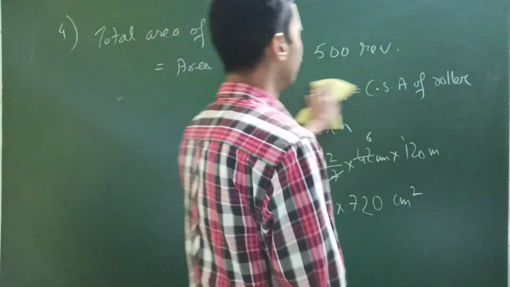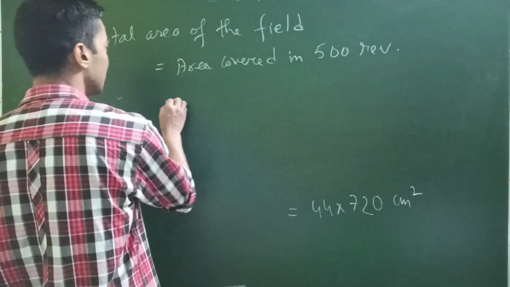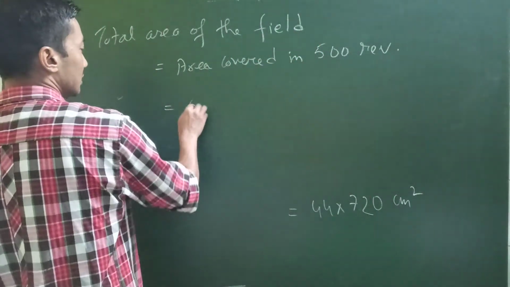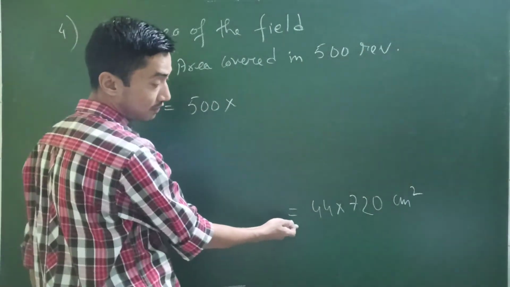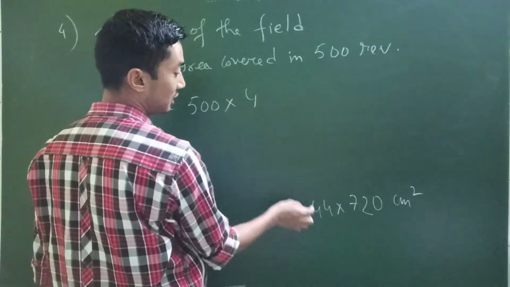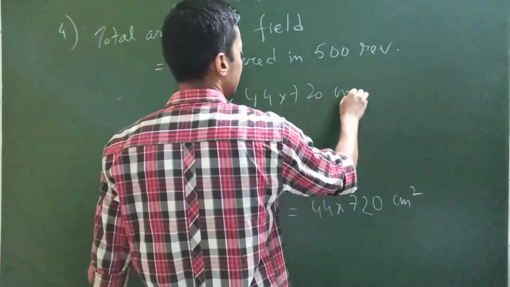That is what the question gives us, that in 500 revolutions we can complete the leveling of the ground. So this is going to be 500 into 44 into 720 centimeters square, because this is the area covered in one revolution.